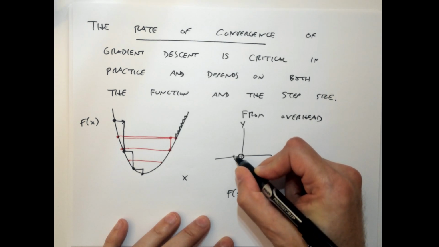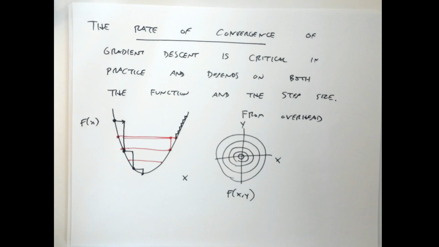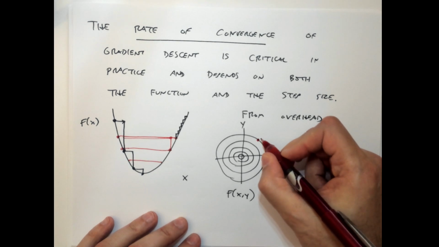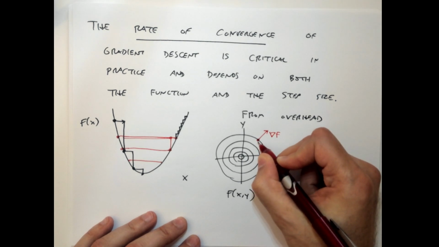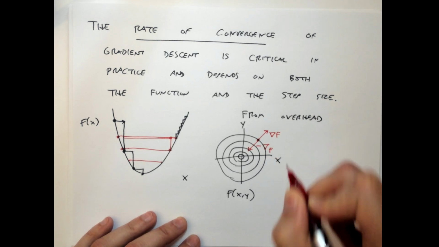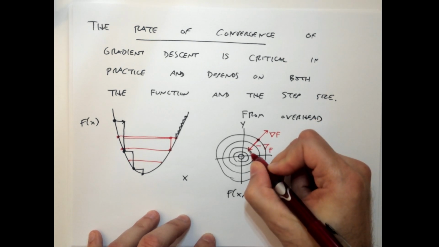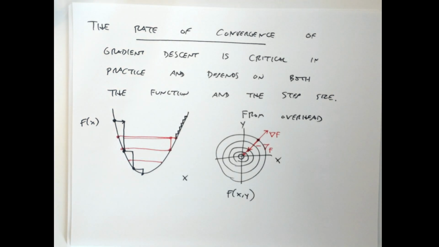Let's suppose that I have a beautiful bowl. If I evaluate the gradient at a point, the gradient points in the direction of greatest increase, so the negative gradient points in the direction of greatest decrease. I would start here and take a step, and then wherever I land, I'd take another step. As long as I choose my step size correctly, this stepping process is going to take me right into the center of the bowl, hopefully in not too many steps.